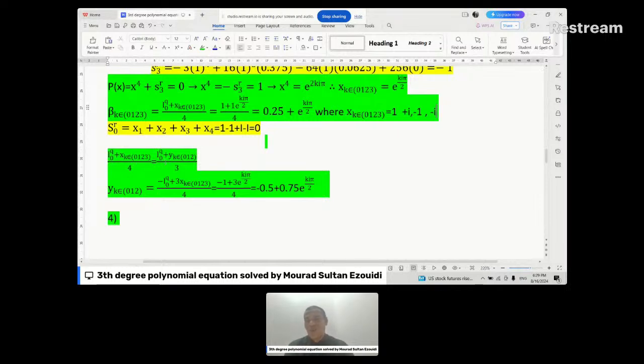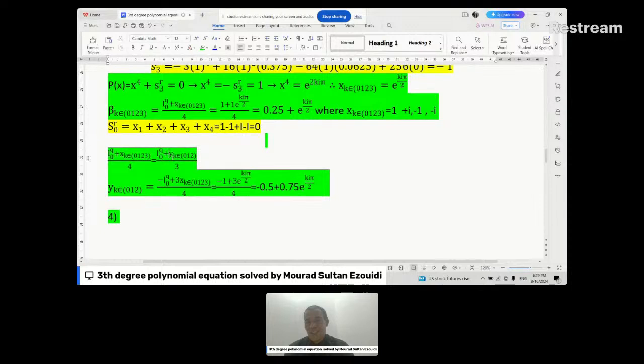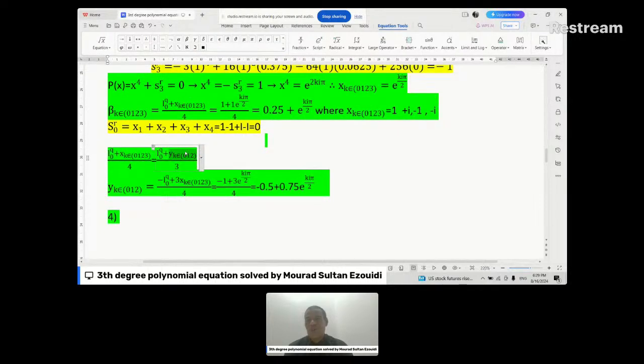Now, learners, I'm looking for yk from 1 to 3, because these are called the roots of your new third degree equation, before extending the power of this polynomial equation. So the formula tells you that yk equals minus L0 for the q, which is minus 1, plus 3 times xk.